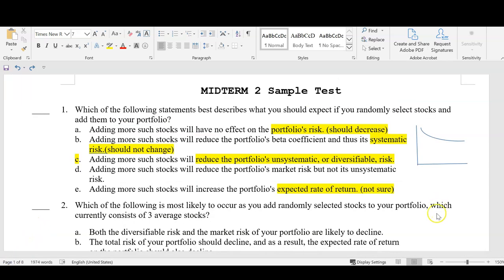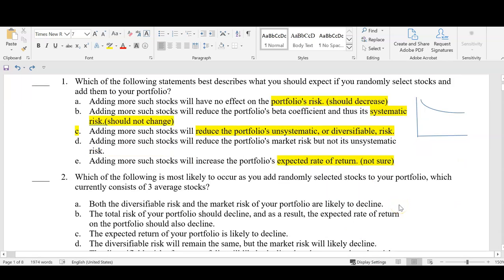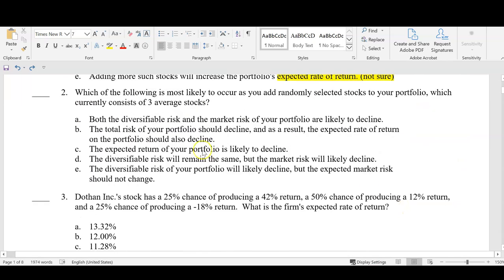So for question 1, I just drew a little graph here, which you can also find in chapter 8, class 3 notes. Again, when the number of stocks, X, goes up, the total risk sigma goes down. The upper part that goes down is unsystematic risk, and the bottom part that does not change is systematic risk. Okay, that's question 1.